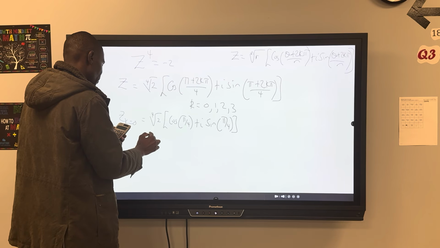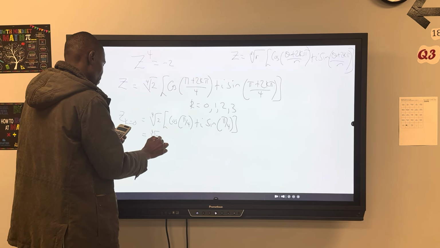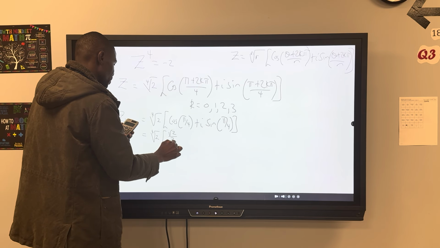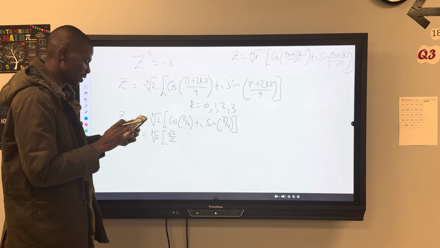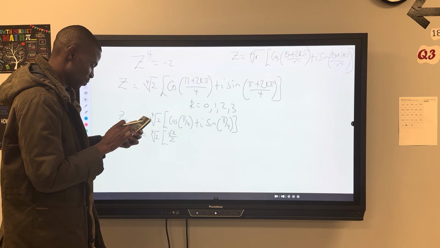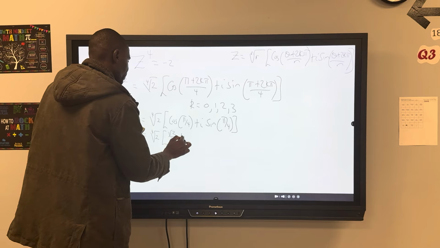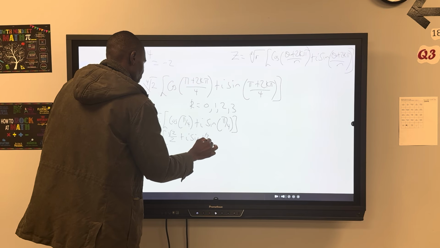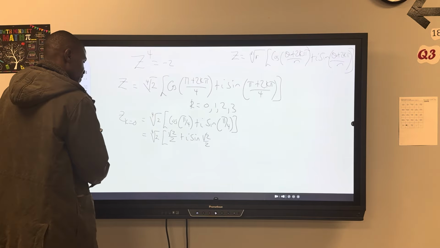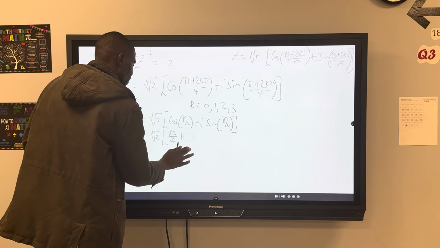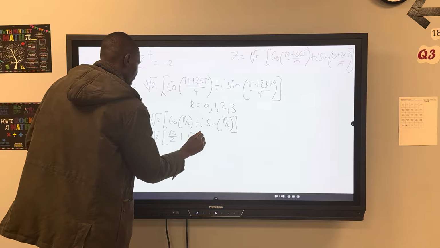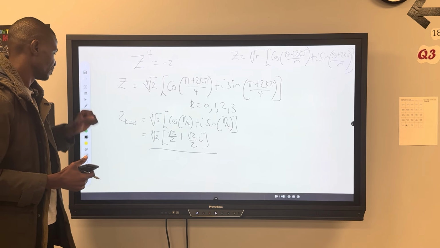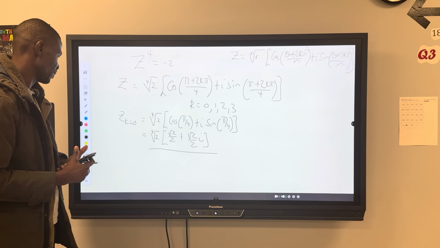So it's 4th root of 2, then root 2 over 2, plus i, or plus root 2 over 2 i, right? So this is the first one. I'm going to leave this in exact form, right? So we are done with the first one.